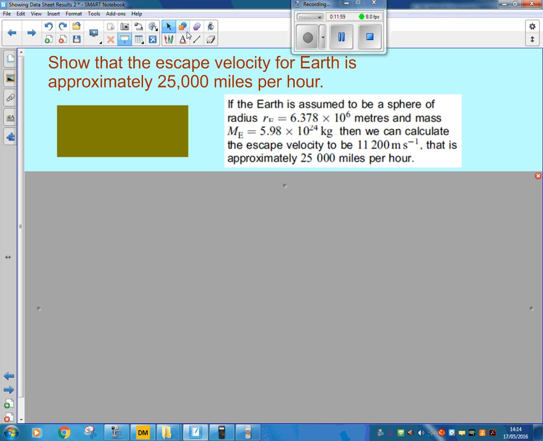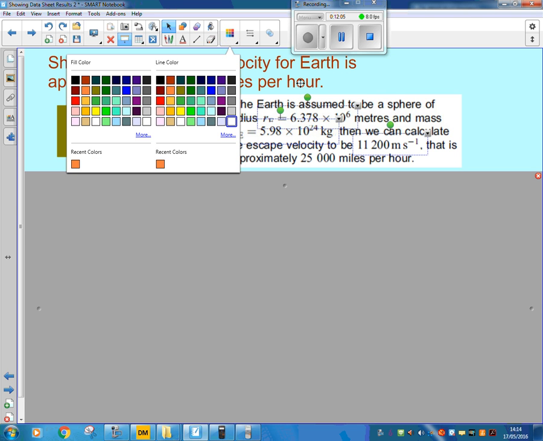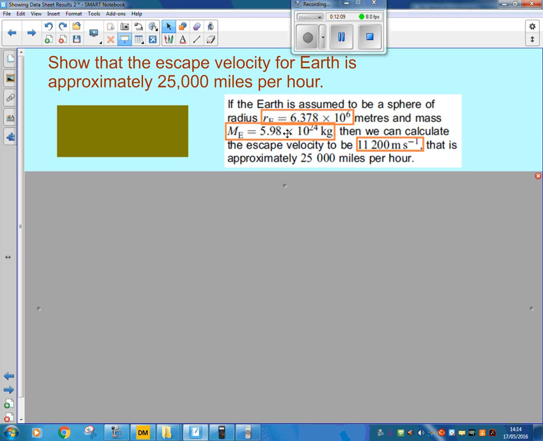So let's make it easier to see the key bits of information. We're told the radius of the Earth, that's RE, I know it's a little bit hidden by my orange outline. This is the mass of the Earth, and it's saying we can calculate the escape velocity as 11,200 meters per second, which we'll then see what that is in miles per hour.